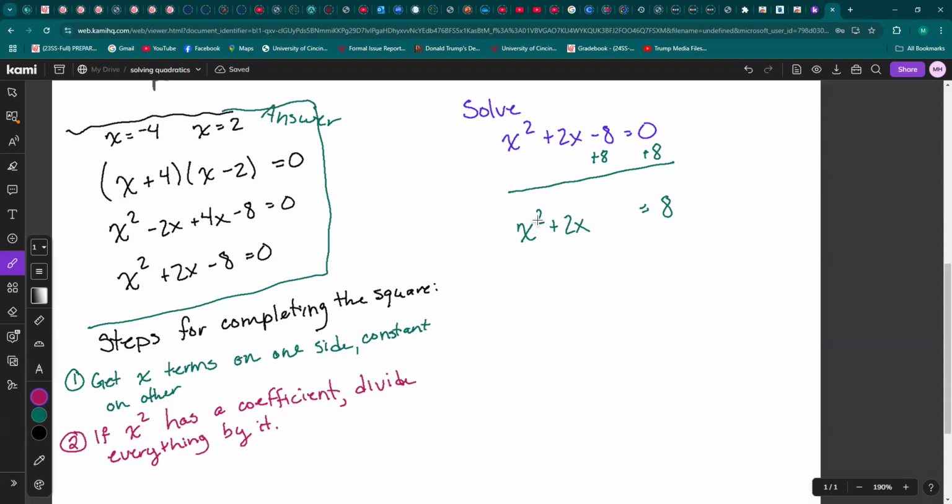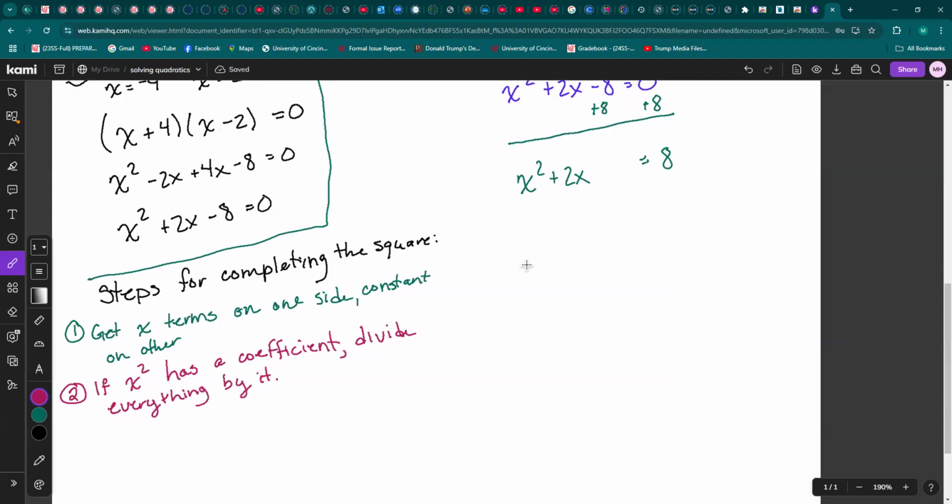In this case, our coefficient is 1, so we're not going to divide anything. We're going to be using the property of whatever we do on one side, we do on both sides to keep things equivalent. This will show up in another example, but not this one.